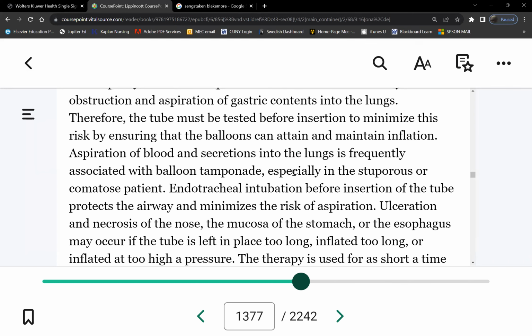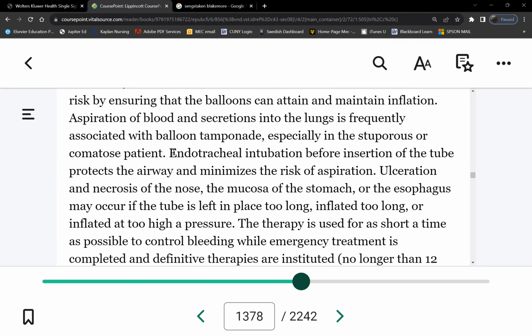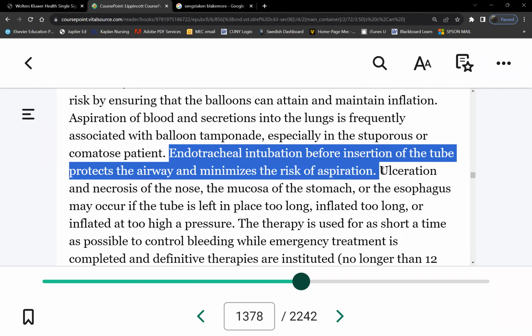So what's your number one concern when they have this therapy? Aspiration. So if the patient really needs this for a longer period of time, then we have to intubate to protect the airway and keep them as comfortable as possible.